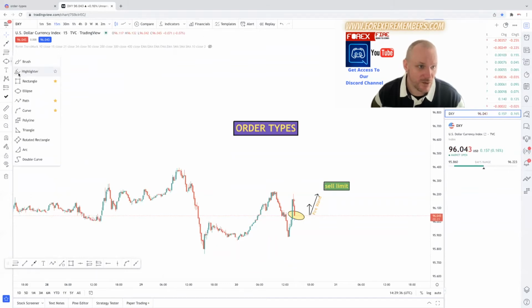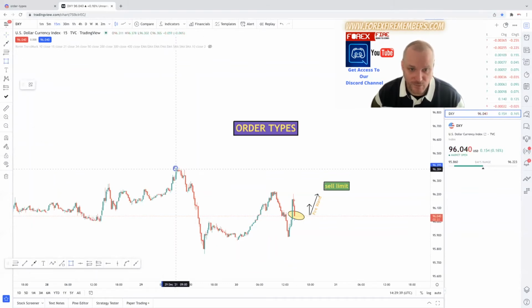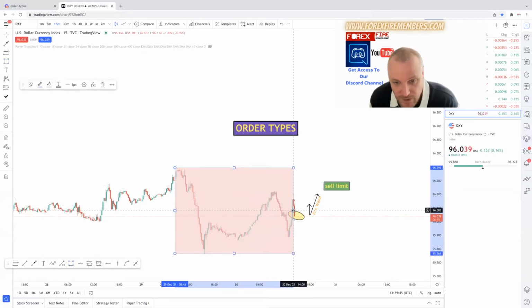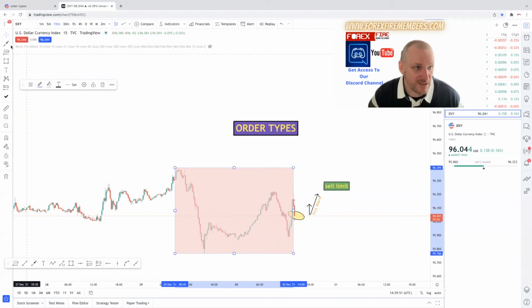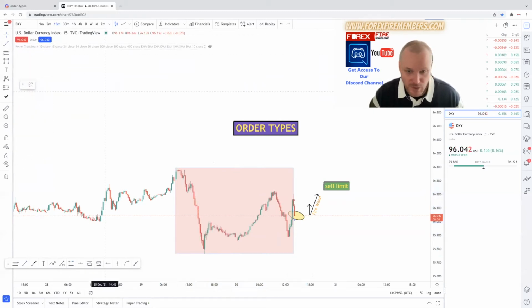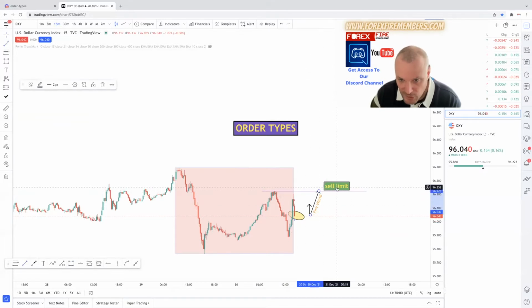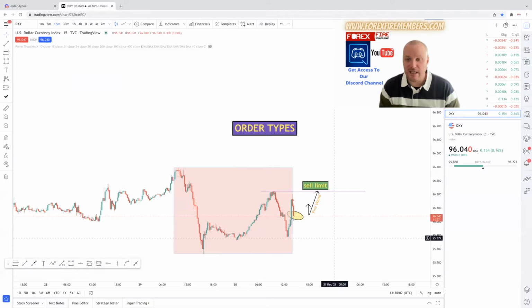If you are looking from that being a swing high and that being a swing low, you are in a range in this area. So let's say you were expecting price to come back up to this particular area, you could then set a sell limit.